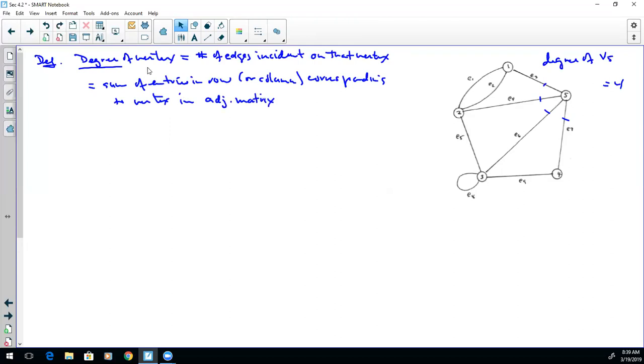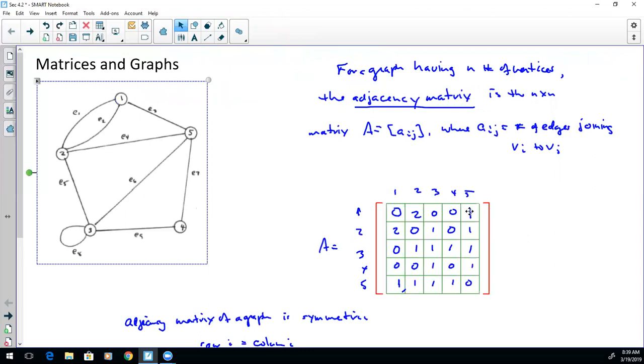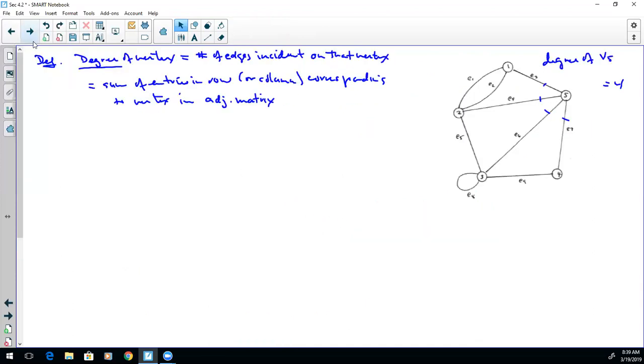So if we look at 5, then add up everything in column 5, that's 4. Or add up everything in row 5, that's 4 as well.